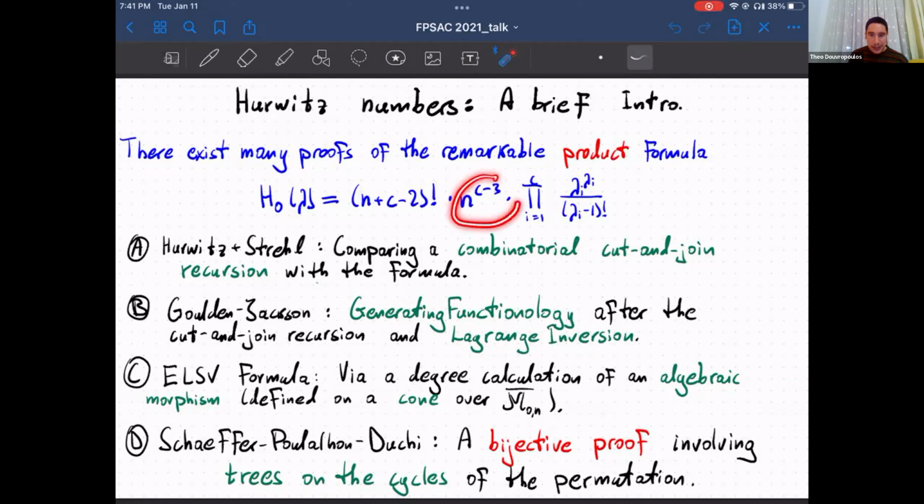And the other factors here were some sort of trees on the cycles of the permutation. Maybe we could call them relative trees; they call them cacti. If you're not familiar with that proof, check it out. It's really cool. Otherwise, you have to trust me that there is a nice combinatorial argument in S_n where part of this formula is explained by using these objects that relate together the cycles of the permutation, as if they were relative trees.